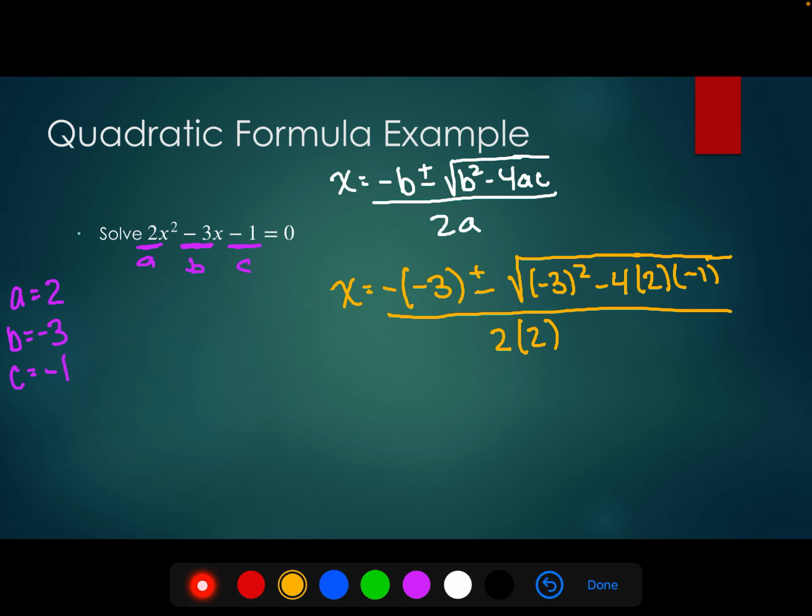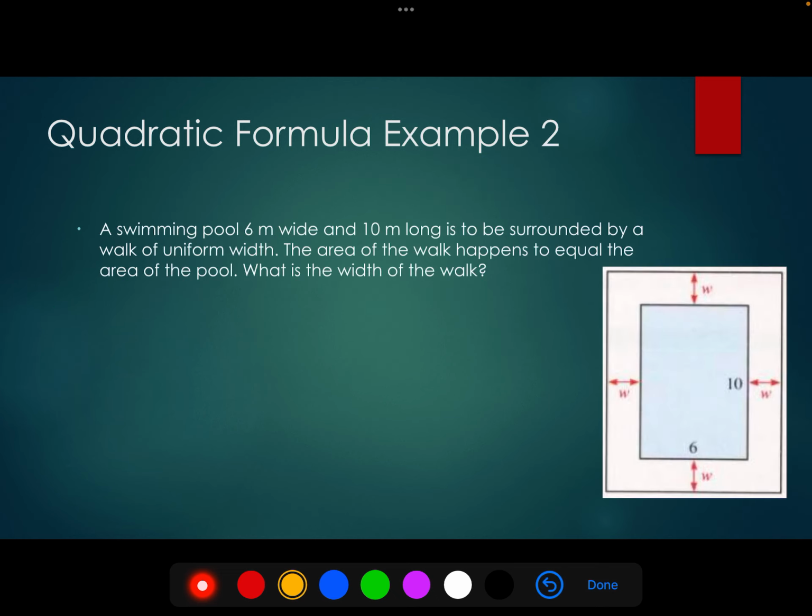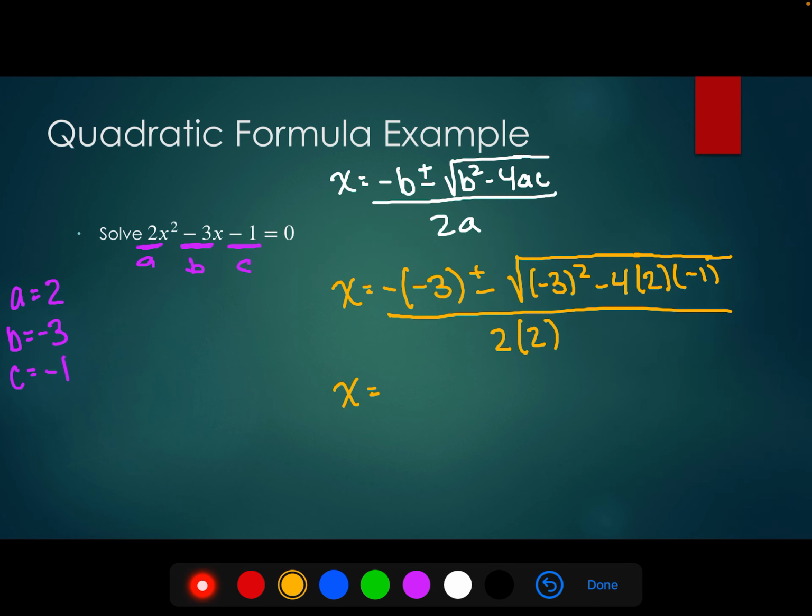So we have now x is equal to -(-3), so +3, plus or minus the square root of, well, here we have -3 squared, which is 9, minus 4 times 2 times -1. So that gives us a -8.